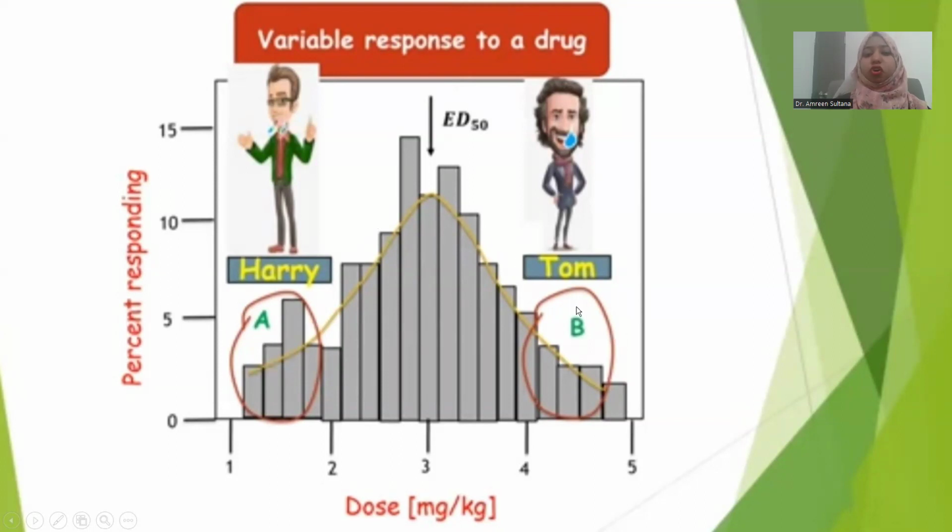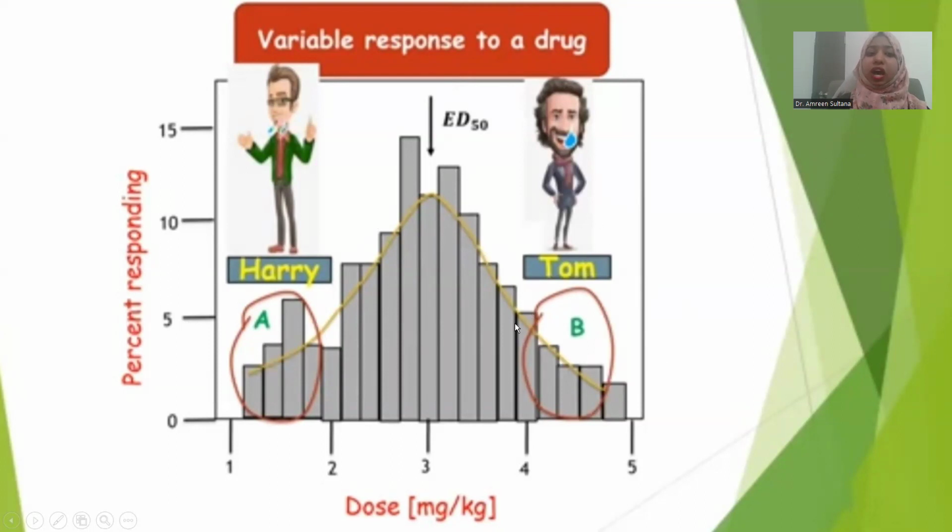Now, in the case of Tom, as we have said, he didn't get correct treatment. After taking the treatment, his hypertension level was still increasing. Why? Because Tom was a poor responder.